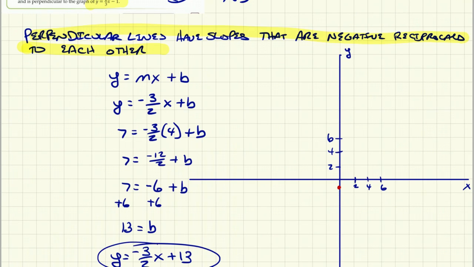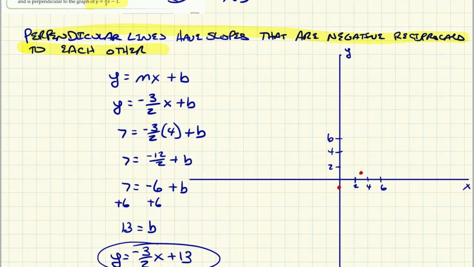Each tick mark is 2. And then it's going to have a slope of positive 2/3. So that means that it's going to go up 2 and to the right 3. So it's going to go up 1, 2, and then over 3. So we're going to have a point right about there. And that's really all I need.